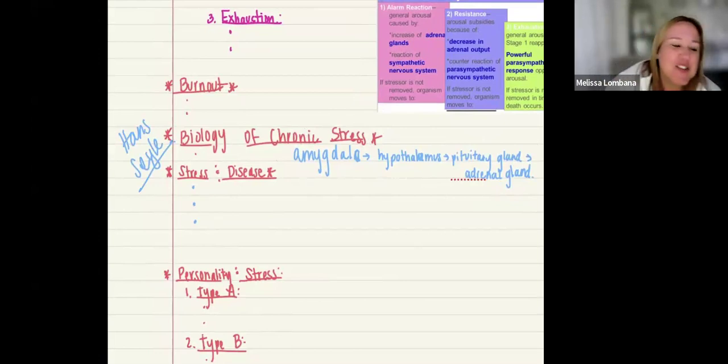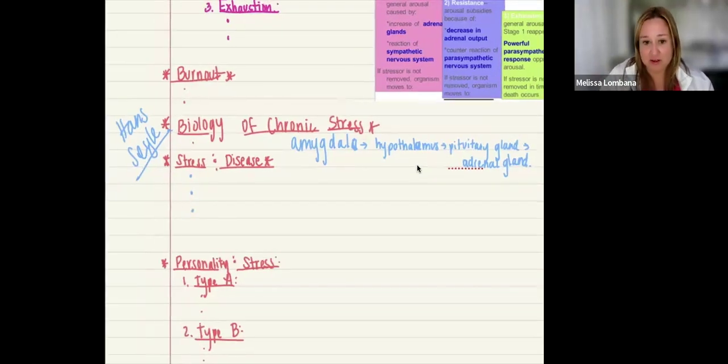Okay, all right. So, what he found out was that when we are approached with a stressor, the amygdala is the first one that gets activated, and the amygdala is the one that deals with our feelings. Once the amygdala recognizes the threat, okay, make a little arrow, it sends a signal to the hypothalamus.